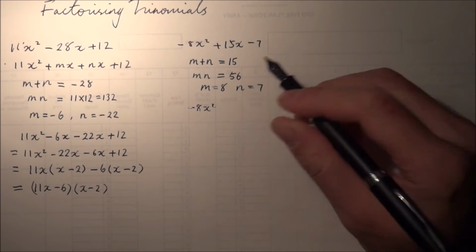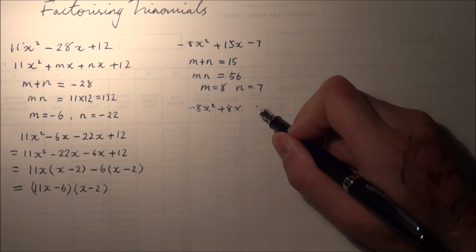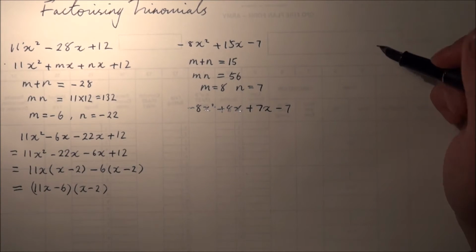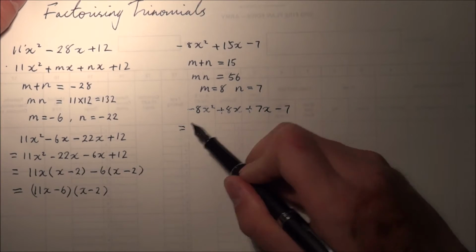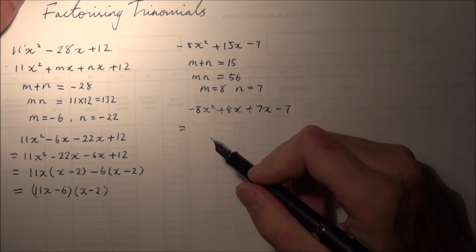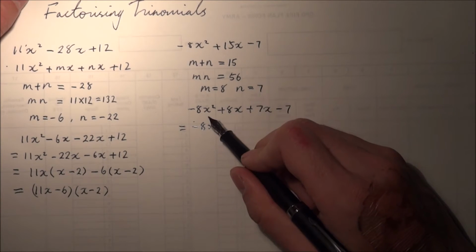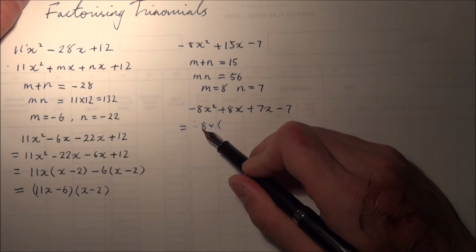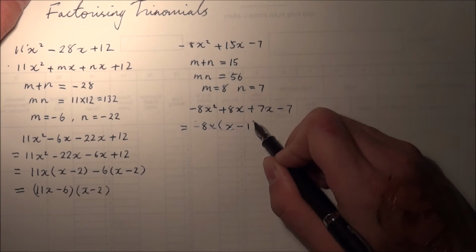Negative 8x squared plus 8x plus 7x minus 7. And needless to say, you can see that the highest common factor here is negative 8x. What we'll have left here is negative 8x squared divided by negative 8x, which leaves x.